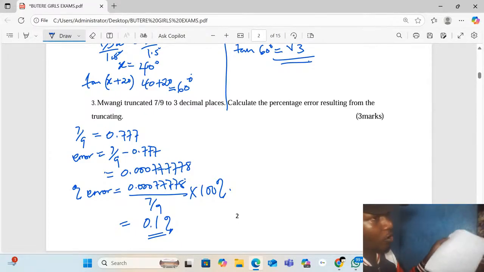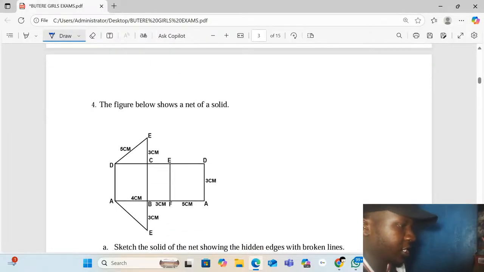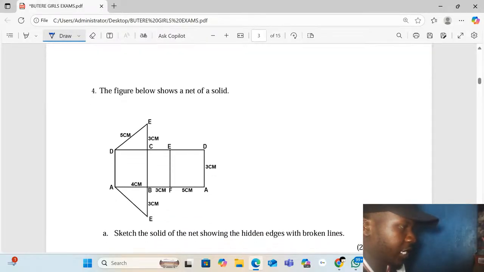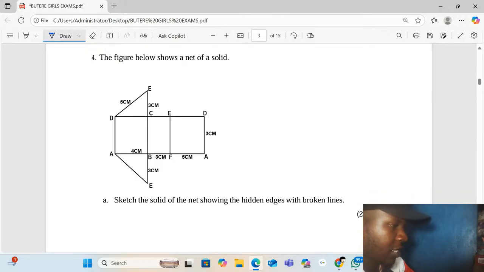Question number 4. Now, the figure below shows a net of a solid. That is the net, as you can see. Sketch the solid of the net showing the hidden edges with broken lines.